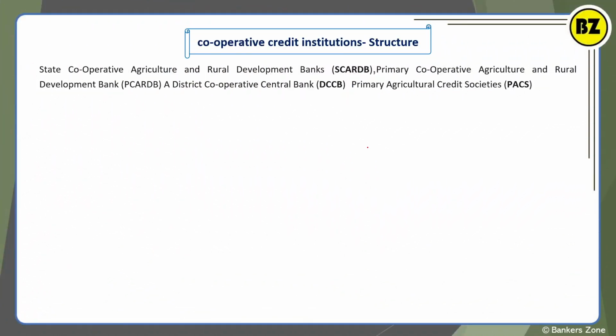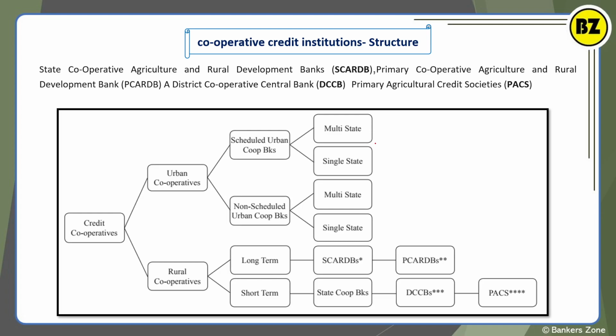Now see, here you will see the structure of cooperative credit institutions in India. We have urban cooperative and we have rural cooperative. Understand the structure. Now urban cooperative is divided into two types: scheduled urban cooperative and non-scheduled urban cooperative.